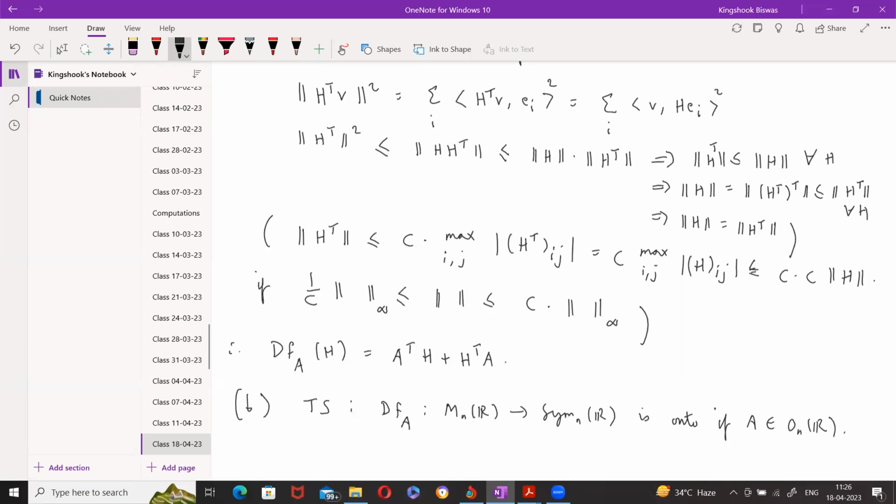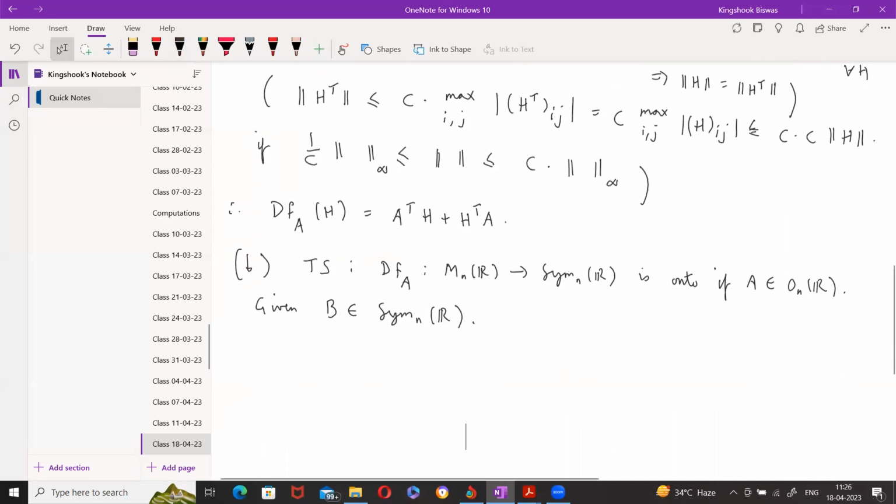You're given, let's say B, which is a symmetric matrix. You want to find an H so that A transpose H plus H transpose A is equal to B, right?